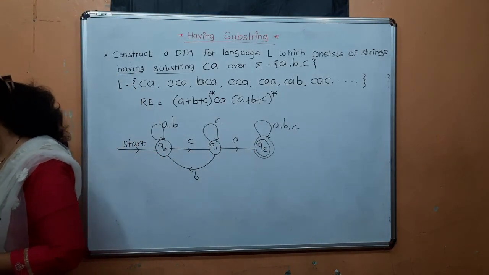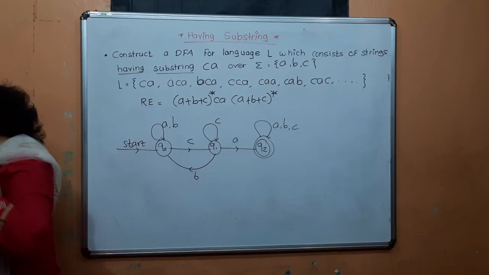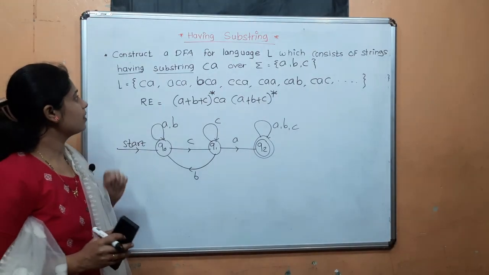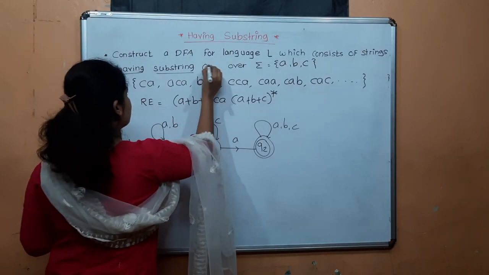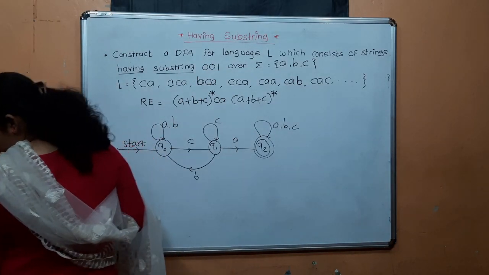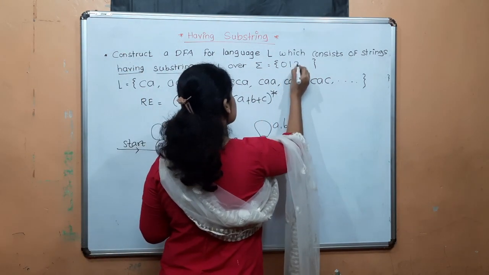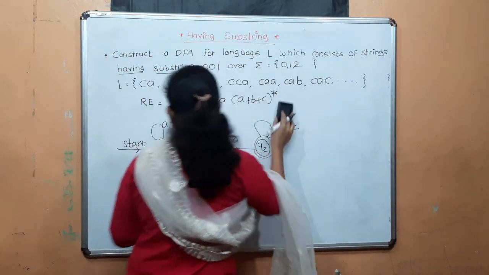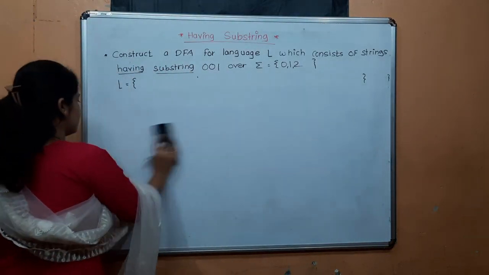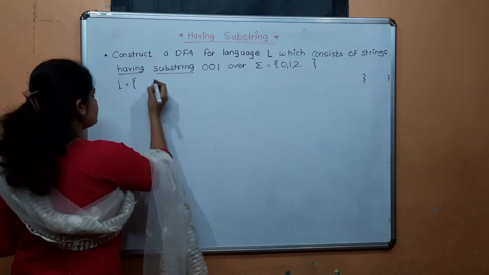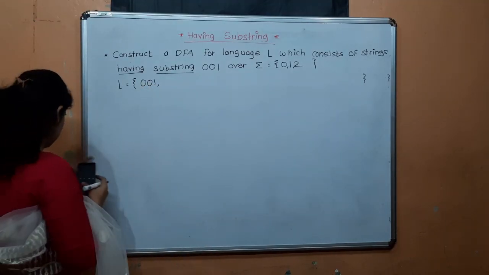Next example. Having 001 as a substring over the alphabet 0 1 2. See here, the language will be, the smallest possible string will be 001.